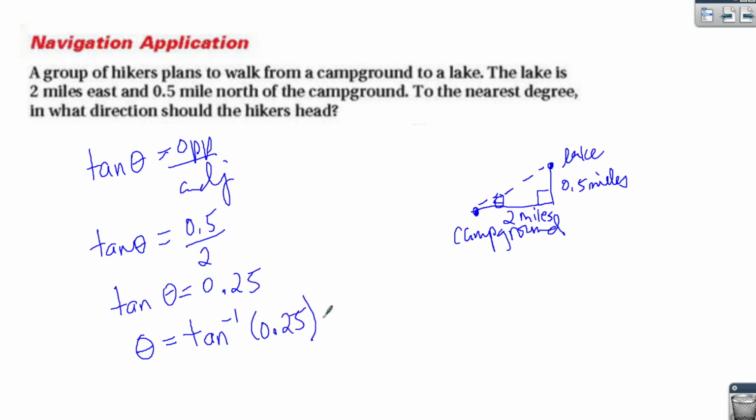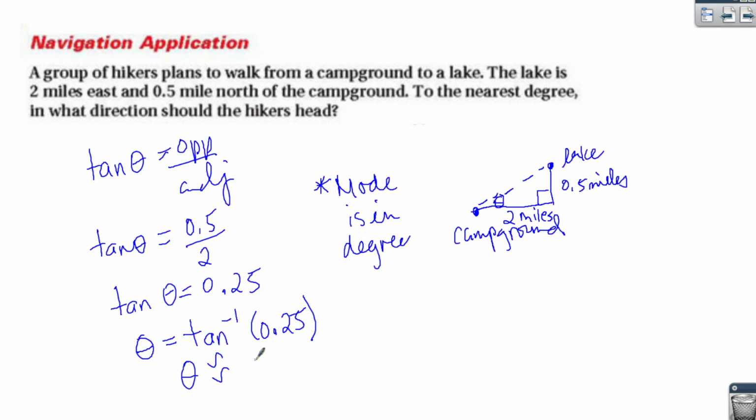And no, I will not ask you to do this manually. Instead, you can do this in your calculators, making sure though that your mode is in degrees. Make sure you do that first before you enter this into your calculators. When you do, your answer will be approximately 13 point, I can't really remember the actual values, but it's about 13.6 or something.